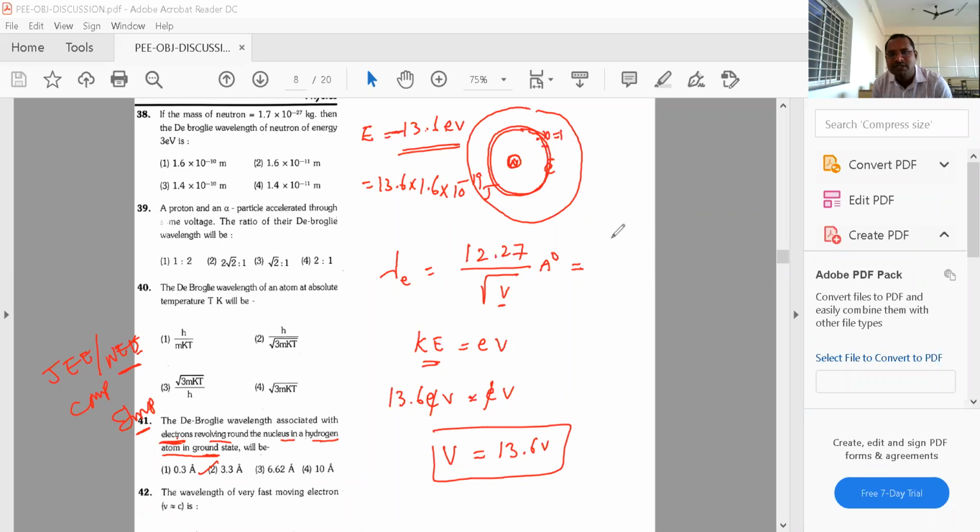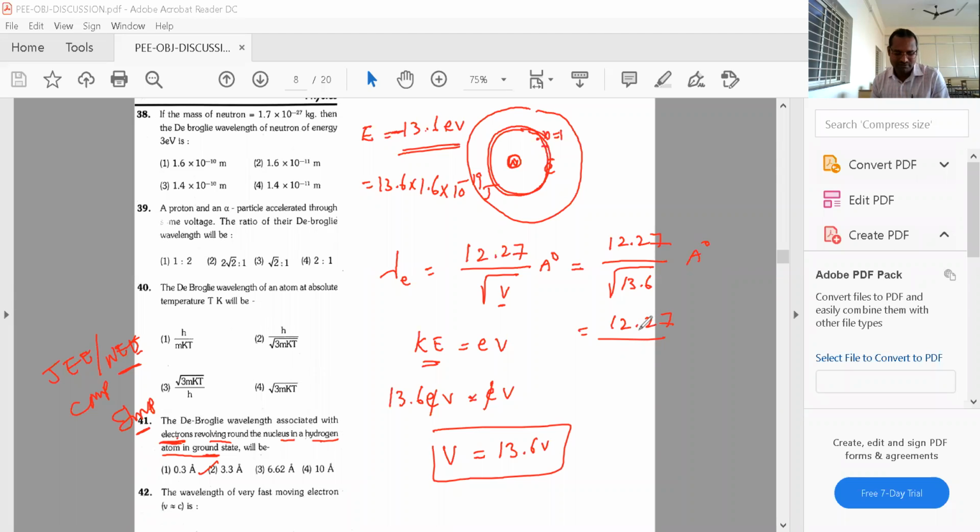Just substitute here: 12.27 upon root of 13.6. You'll get the answer in angstrom. So I want the value of 12.27 by root 13.6. I am checking on the calculator.